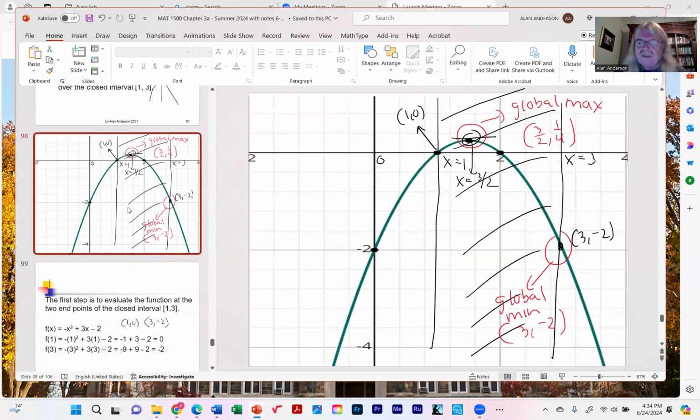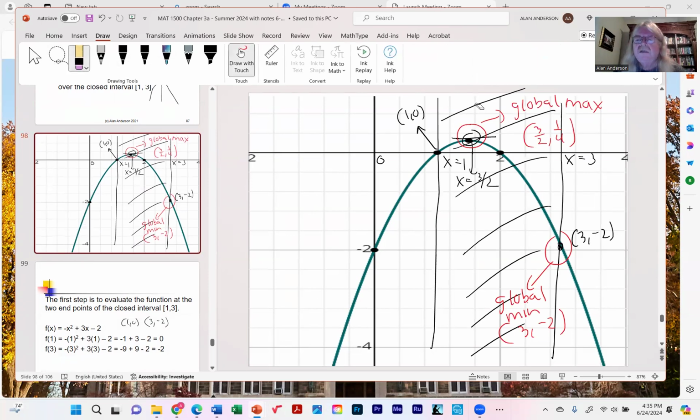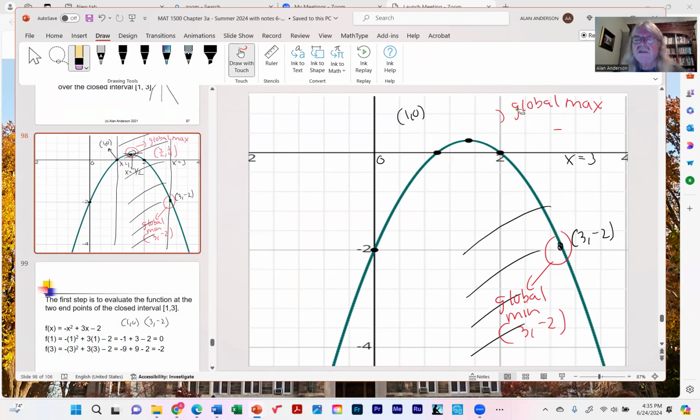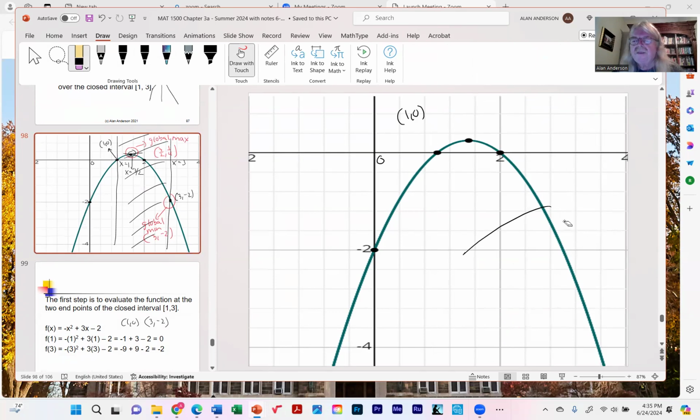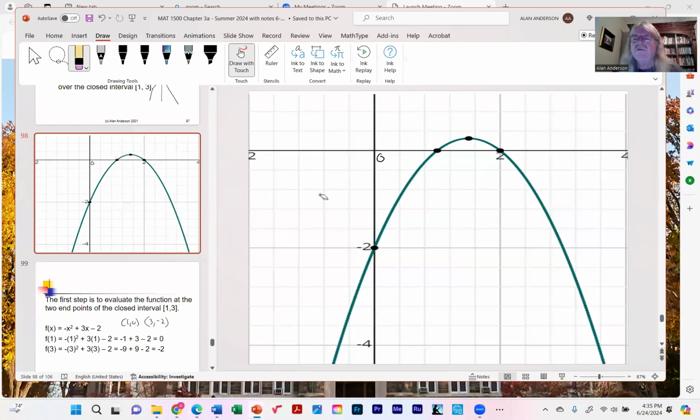Actually, let's clean this up and start it again. It's gotten very cramped here, as you can see. All right, so we're looking at the interval from 1 to 3.